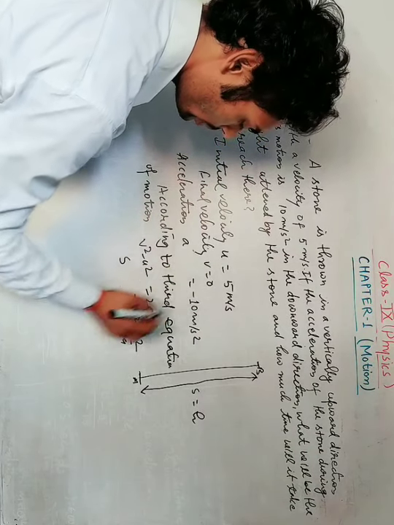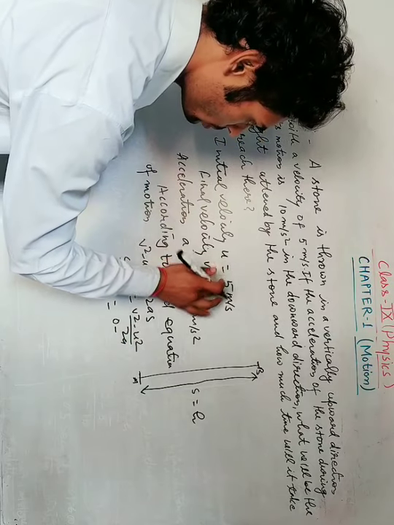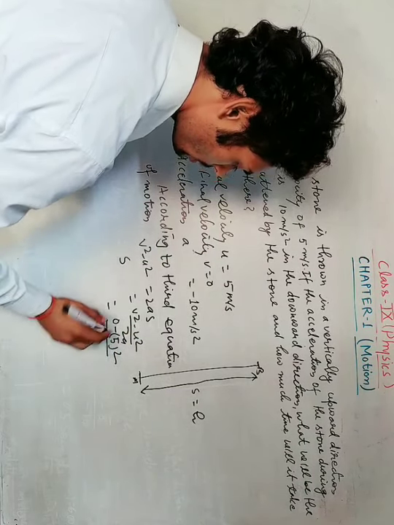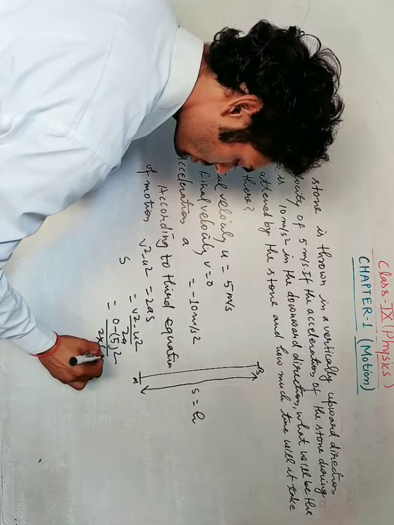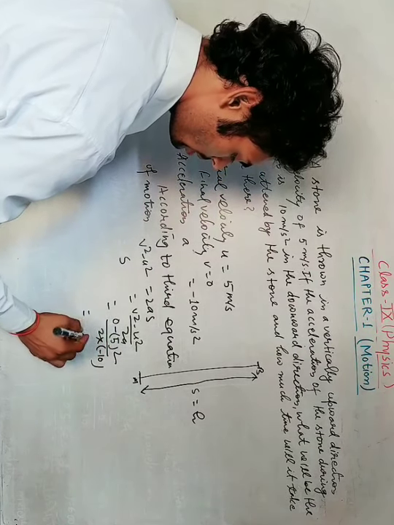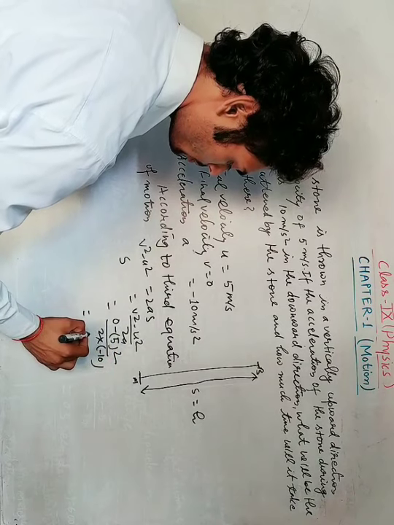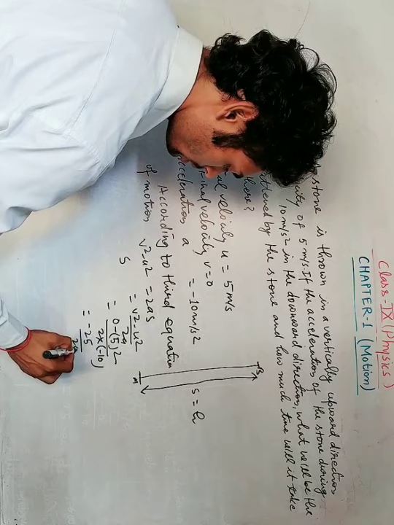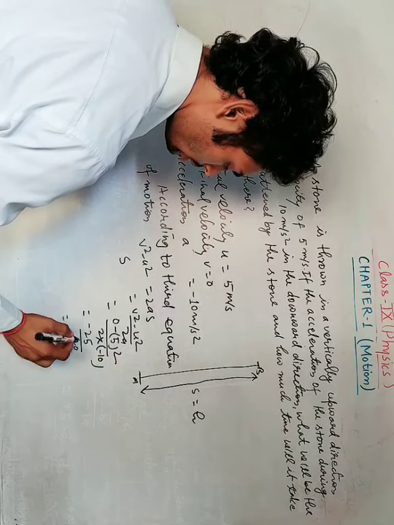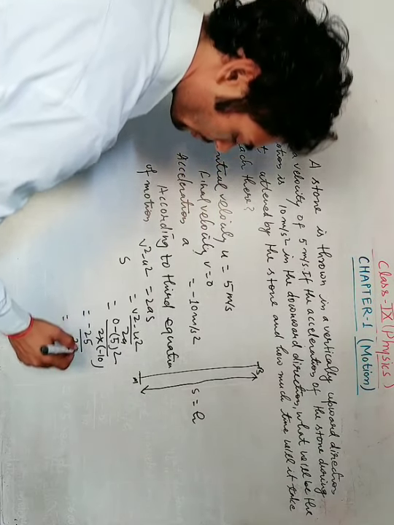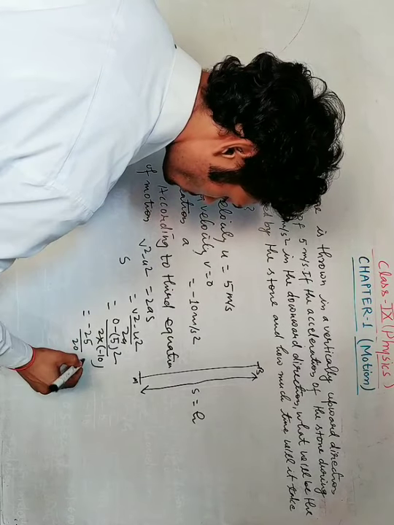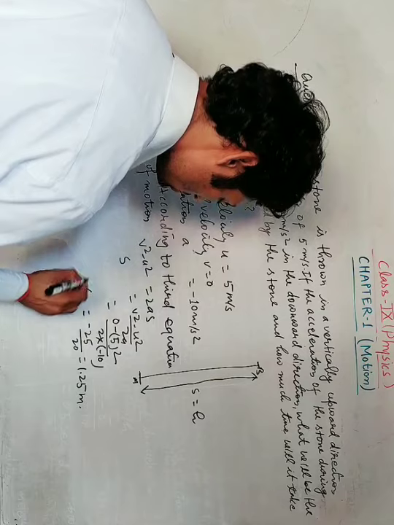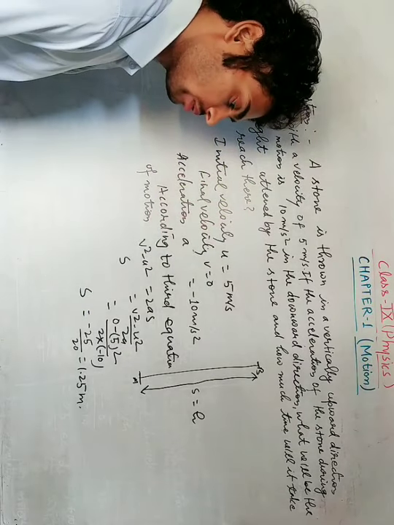Value of v equal 0 minus value of u equal 5 square by 2 into minus 10. Then it becomes minus 25 by minus 20. Then it becomes 1.25 meter. Distance equal 1.25 meter.